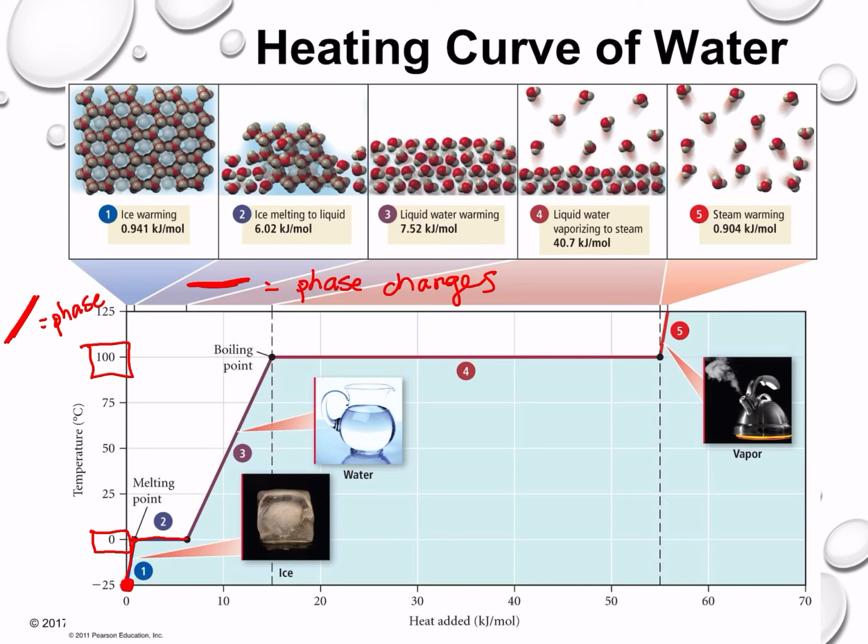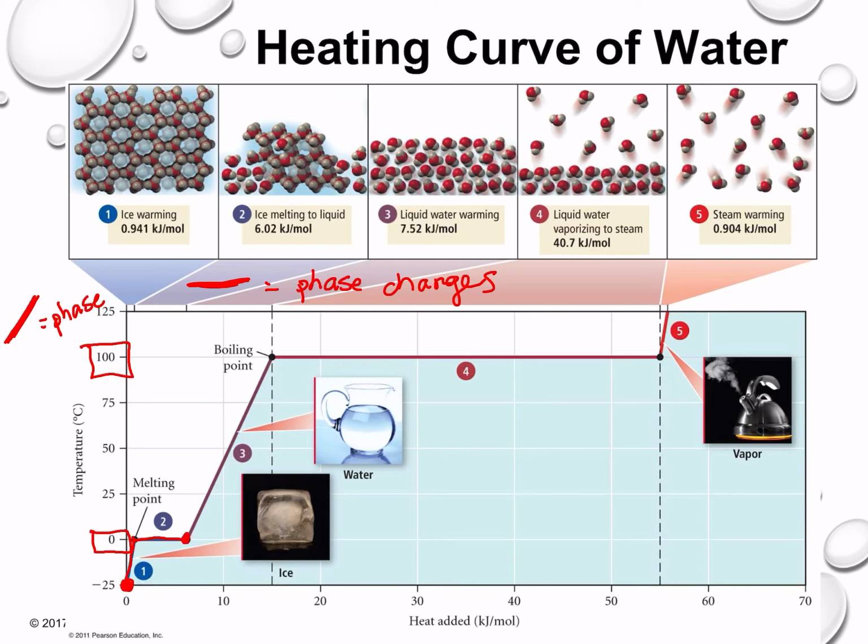That's why we see this flat line in the heating curves, and flat lines will always happen at phase changes. The curve will stay completely flat at 0 degrees Celsius until all of the ice has melted, turned into water.